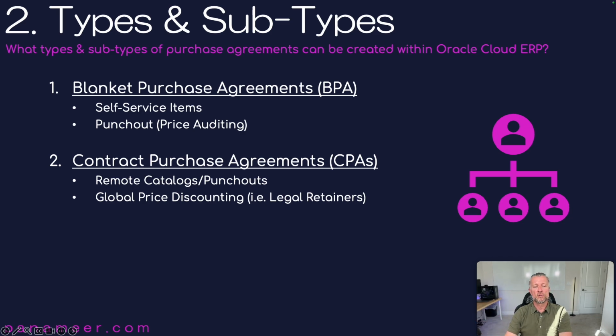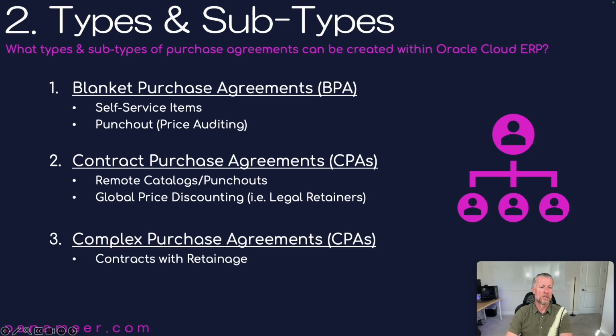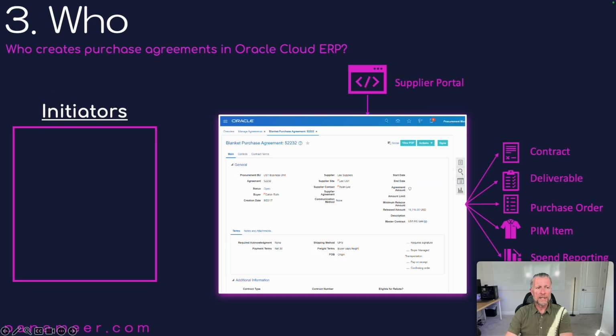Or they may also use them for global price discounting. So everything we buy is 5% off, or everything we buy for this legal matter is using this purchase agreement. And then finally, there are complex purchase agreements. That's where we have a contract with retainage, and we want to use this complex instrument to help enforce the rules there. Okay, slide 3.